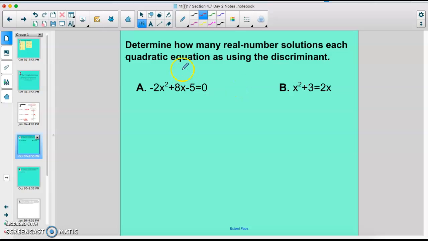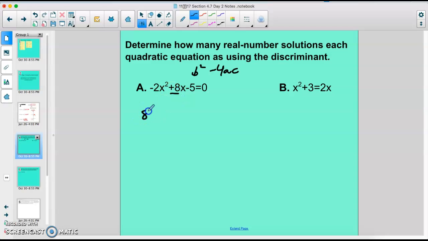So we're going to use our discriminant. Remember, the discriminant is the b squared minus 4ac part of our quadratic formula. And we're going to figure out how many real number solutions using the discriminant. So b squared, this is b, right?